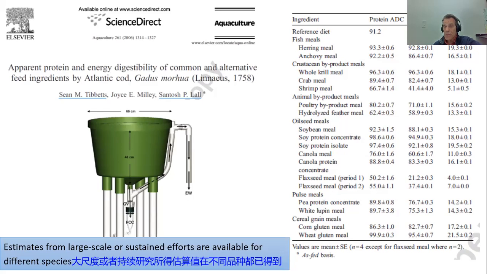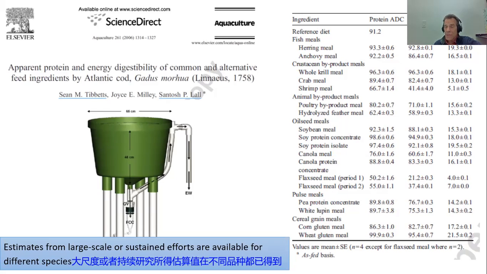Look at that shrimp meal, 66.7% digestible versus scrap meal, 89% versus krill meal, 96%. Basically, canola meal versus soybean meal, right? 76 for canola meal, soybean meal 92.